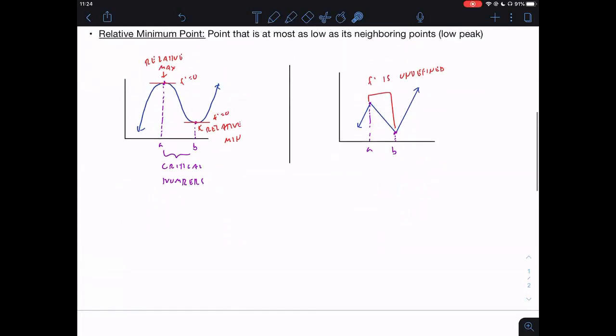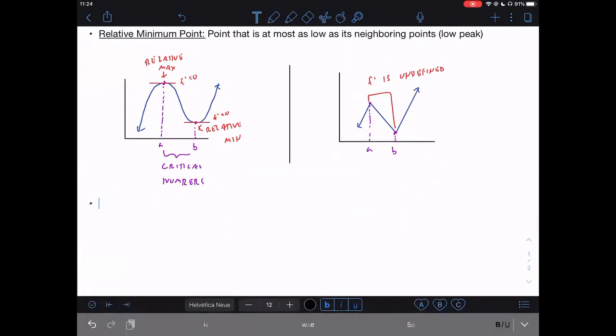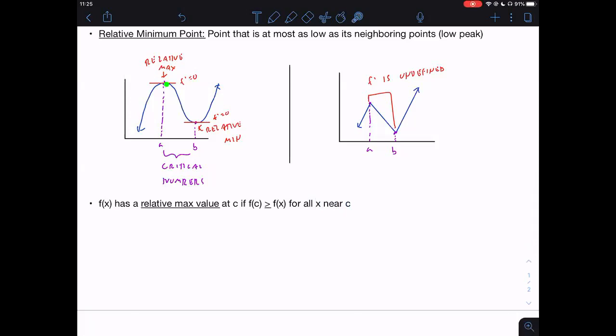All right, so more definitions here. So again, our function of x is said to have a relative extrema or relative maximum value at some point C if our function evaluated at that point for C is at least greater or equal to any other point in that function near C, for all values of x near C. Again, this is the highest point of this function here at this first critical number, compared to its neighboring values.